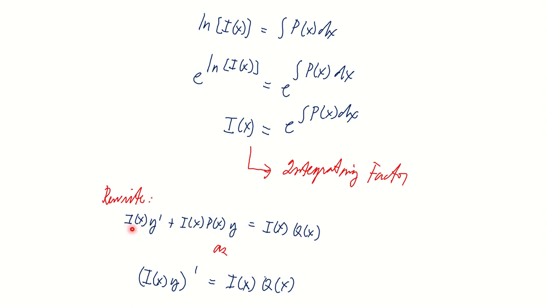So we need to rewrite I of x y prime plus I of x p of x y is equal to I of x q of x as, based on our derivation, the derivative of the product I of x y, and that's simply equal to the product of the integrating factor I of x times q of x. Okay, so that will be our basis in solving for the general solution of a first order linear differential equation.